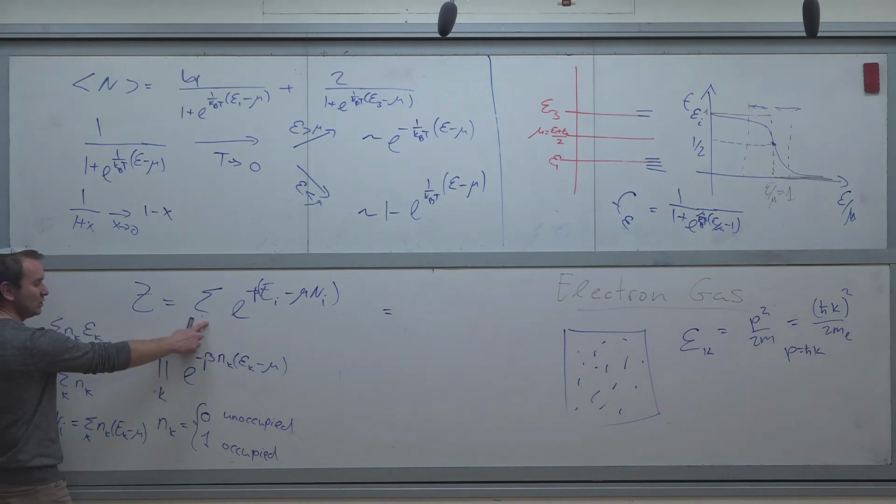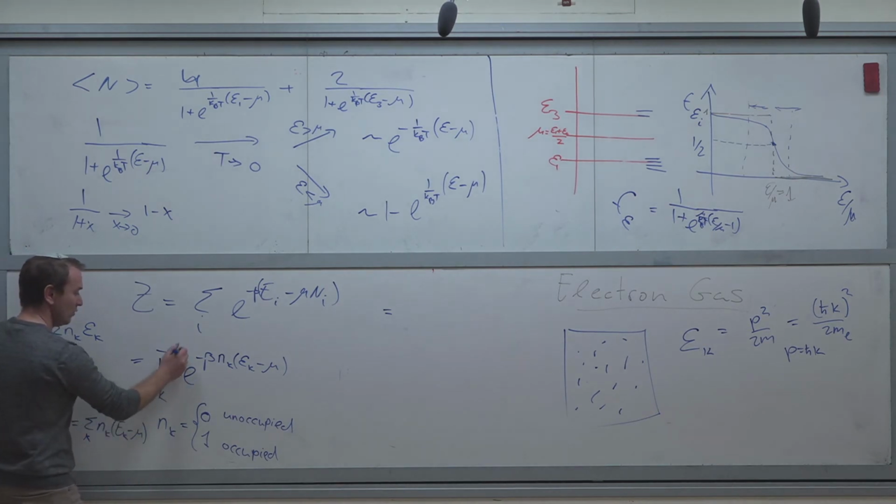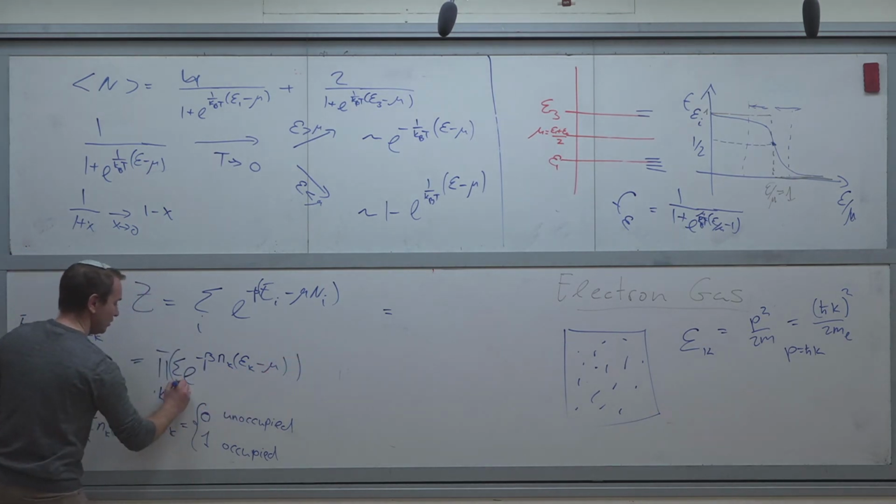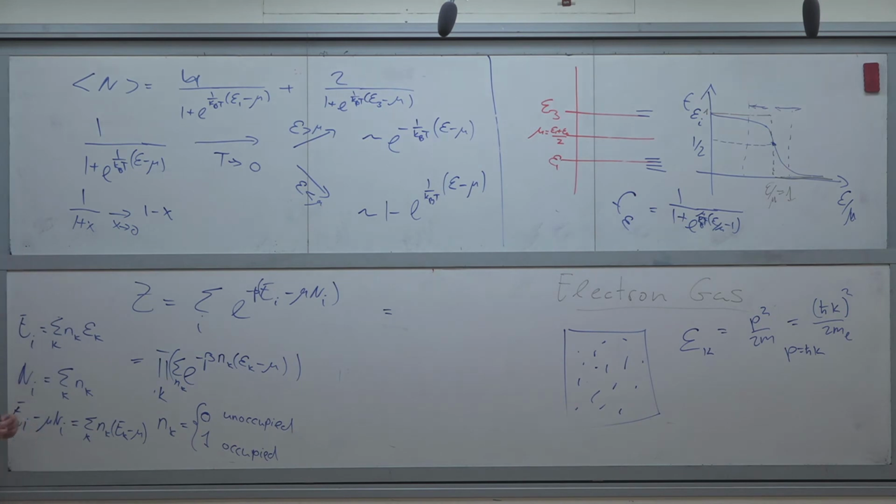Here I have a summation. Here I have a multiplication of a summation over all of the different n_k's. n_k can be either 0 or 1. The multiplication comes from the fact that all the n_k's are independent of each other.